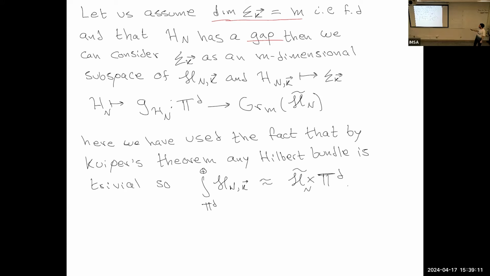Okay. So let me assume that the dimension is finite dimensional and it's fixed, and that Hn has a gap. Then if I consider for each Hamiltonian just their ground state space, I get a map.